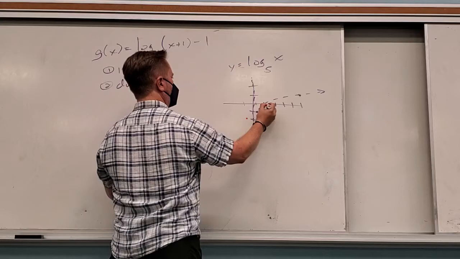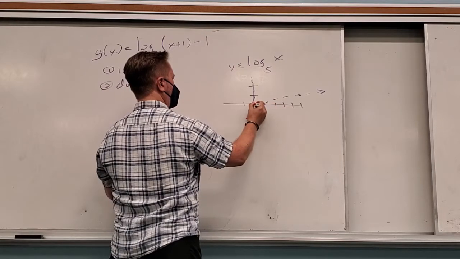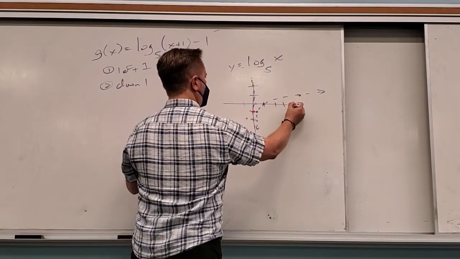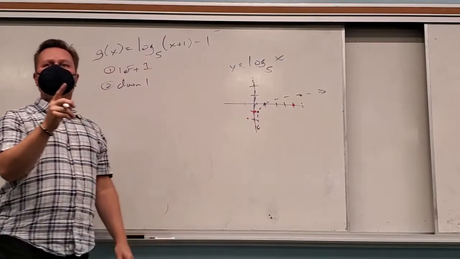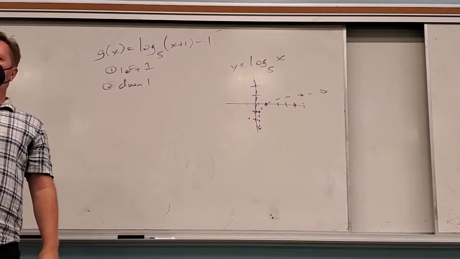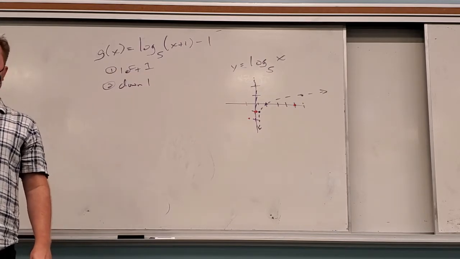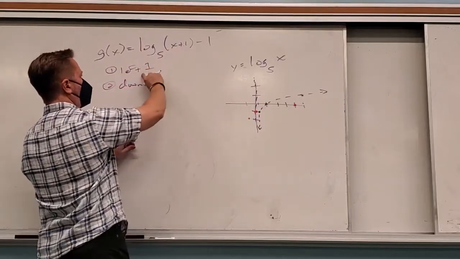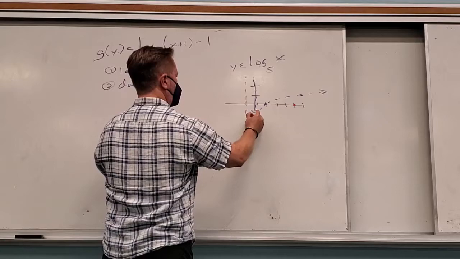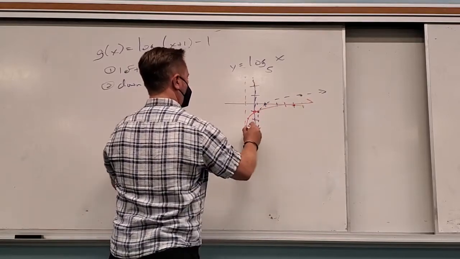This point, left 1, down 1. This point, left 1, down 1. Where does the asymptote go? Like you said earlier, it's going to go left 1, right? So now there's an asymptote here, and now you can see how that's matching up.